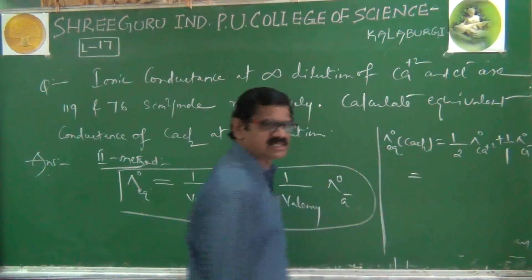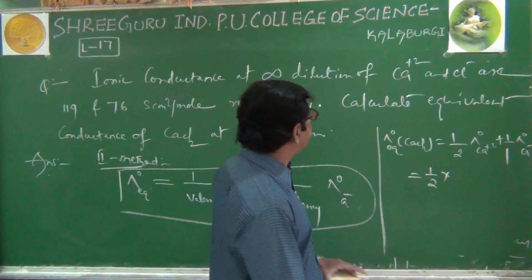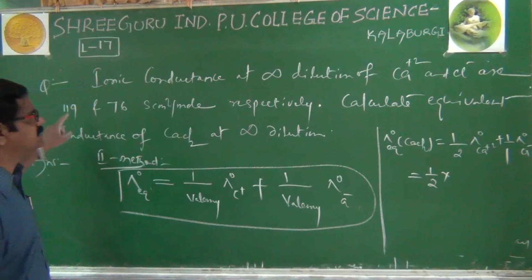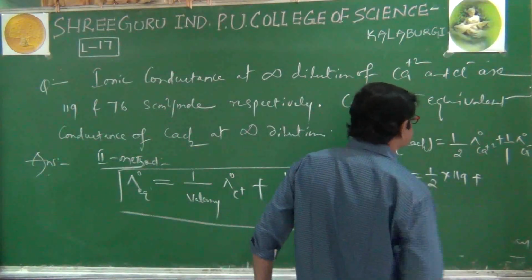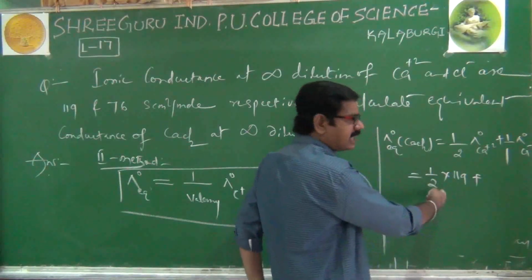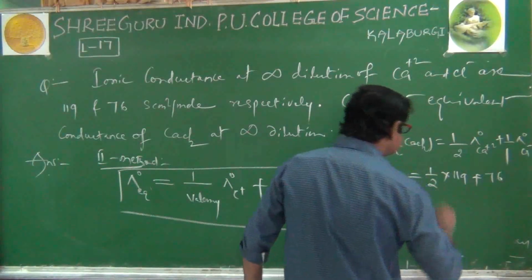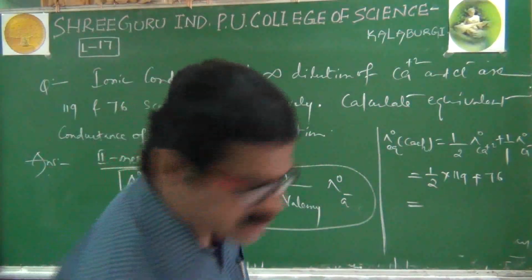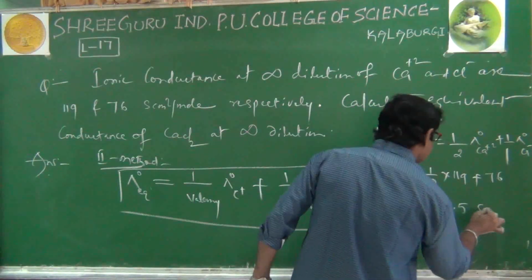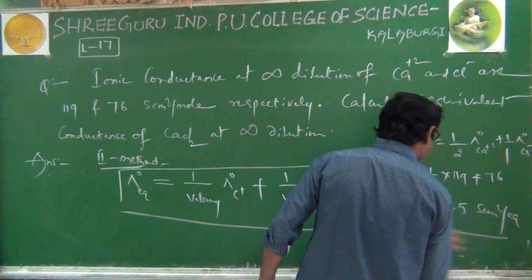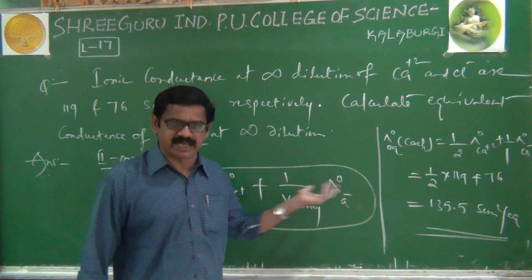That is equal to 1 by 2 into the ionic conductance of Ca2+, whose value is already available, 119, plus the Cl- value, 76. If you do the simplification, again you will get the same value, 135.5, and its units are Siemens centimeter square per equivalent. That's it.